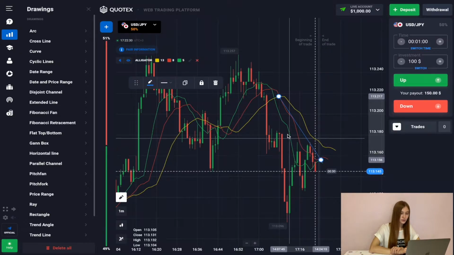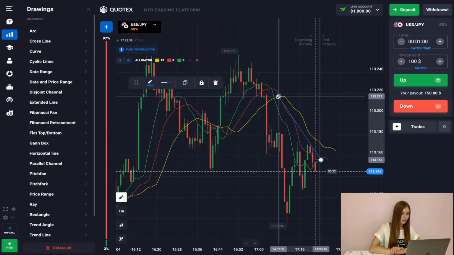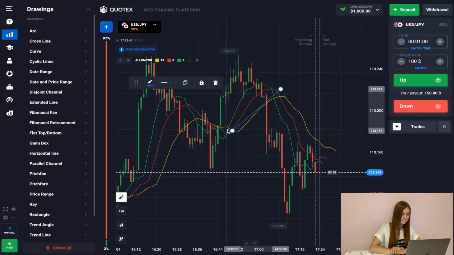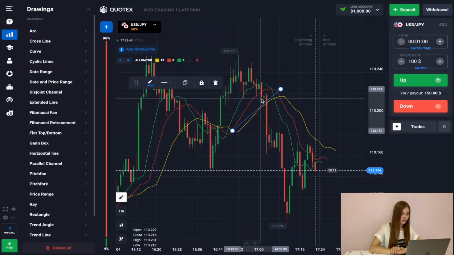Here we also start an uptrend after our moving lines crossed. Then let's now try to use a currency pair to demonstrate trading on this indicator.